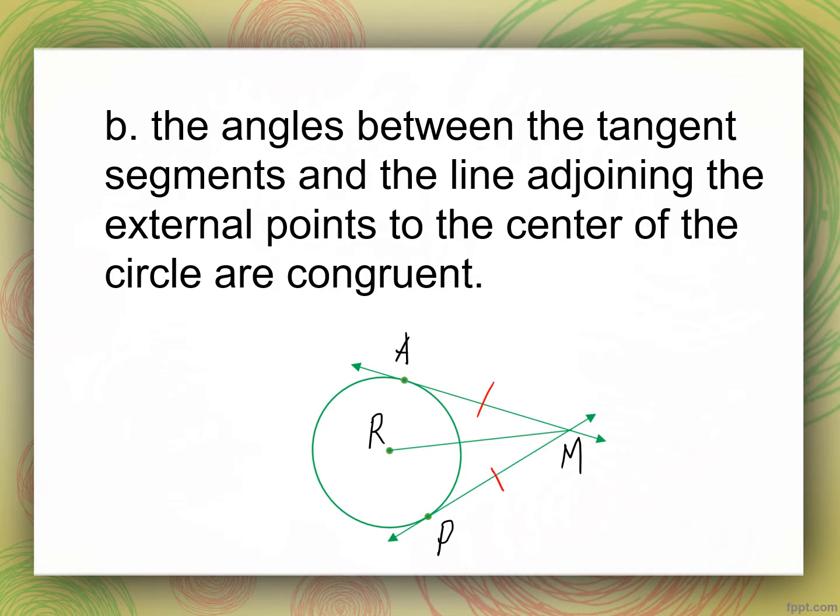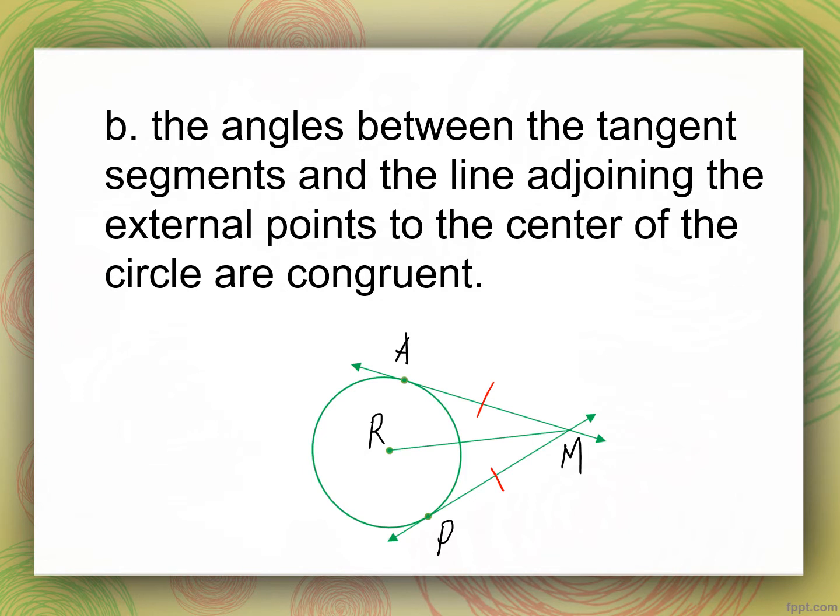Now, let's read the second one. So the angles between the tangent segments and the line adjoining the external point to the center of the circle are congruent. So let's find out which angles they are talking about here. So we have here segment RM. This segment RM is the line that connects the external point to the center of the circle.